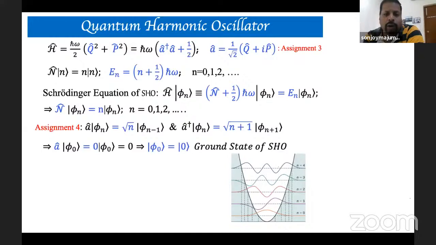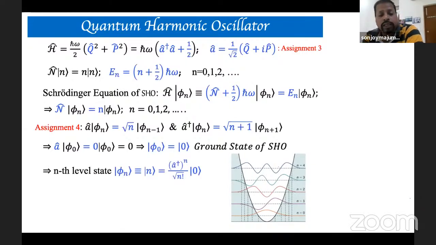I believe you have understood why they are called raising and lowering operators, or creation and annihilation operators, in the sense that they go to higher or lower energy levels. One more thing: suppose you want to go from the ground state to a particular state in a higher, excited level.